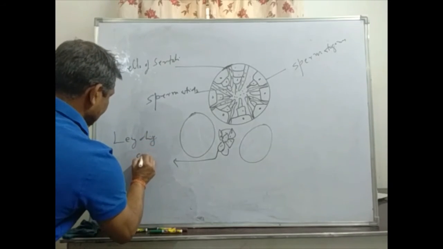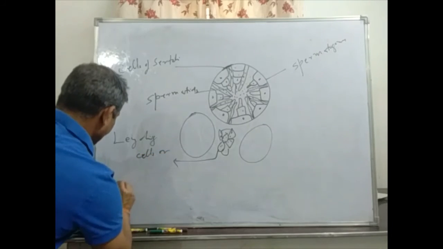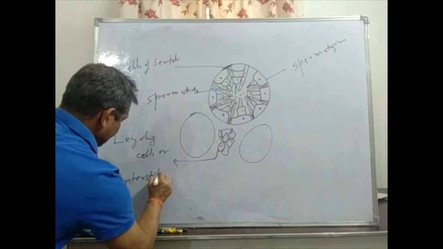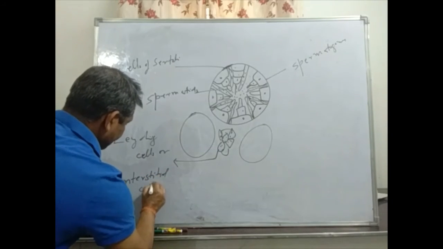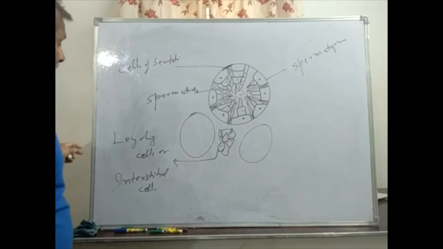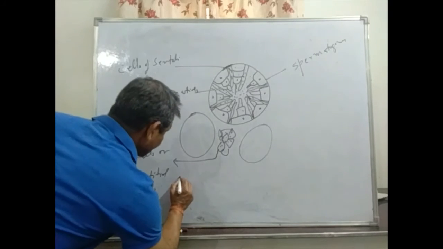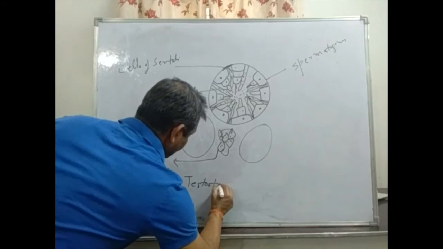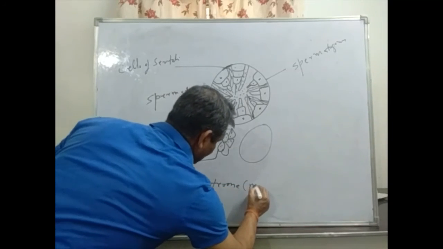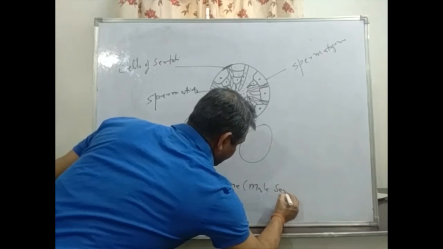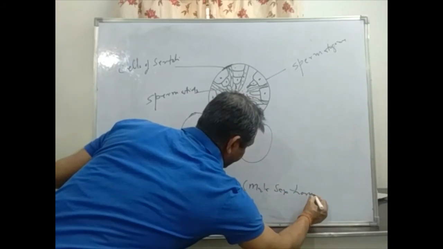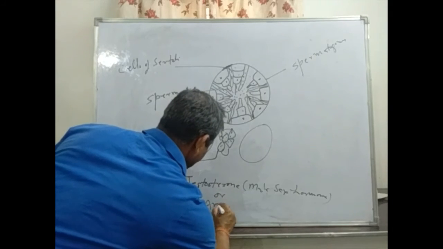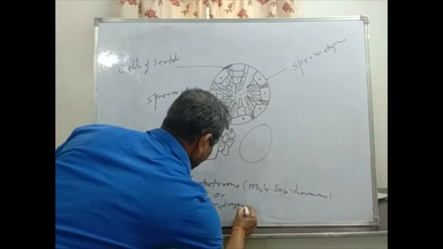Leydig cells or interstitial cells. They secrete a hormone that is known as testosterone, a male sex hormone, or we can say it's androgen also.